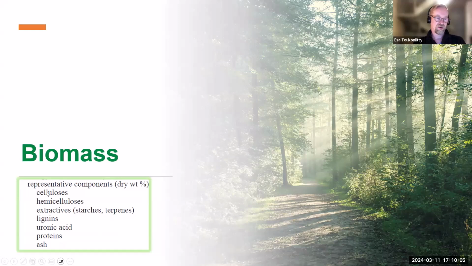Cellulose, we'll take a look at this in a short while. These are both polymeric materials. Cellulose is kind of linear, made out of just one single monomer, glucose, and hemicellulose is branched, like a tree in a way, with different branches that can be made out of several different monomers.